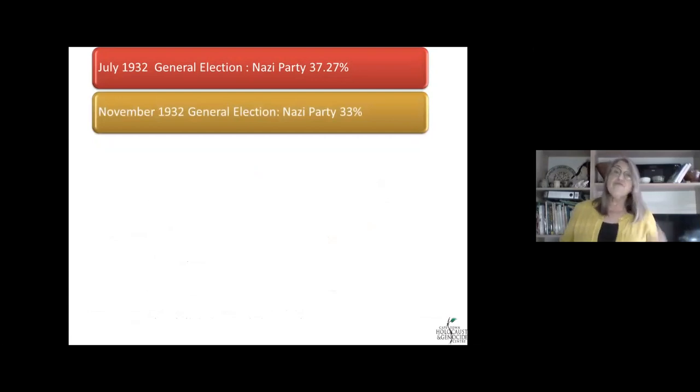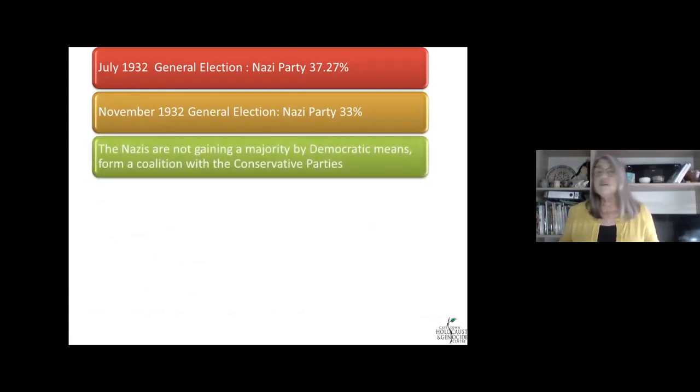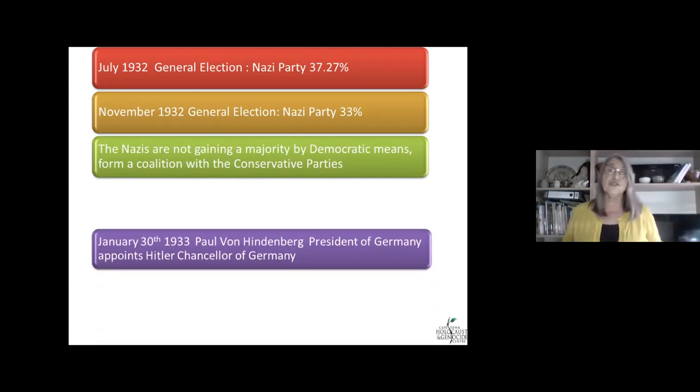But then in November 1932, they lose a bit of the vote. The Nazis are not gaining a majority via the democracy. So what they do is they form a coalition. They join with other conservative parties. And now they're becoming a force.